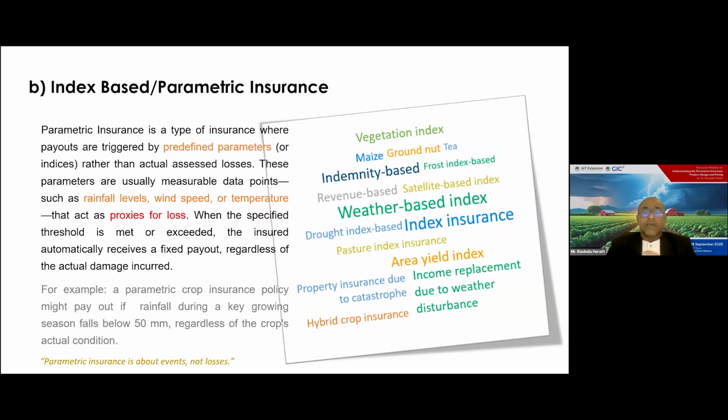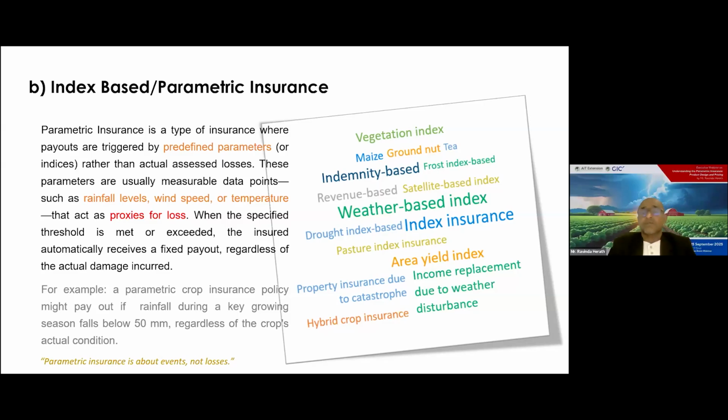For example, a parametric crop insurance policy payout is based on the rainfall during the key growing area falling below 50 millimeters. This is a drought product, because it is already mentioned that 50 millimeters, and the payout is made only below 50 millimeters. So this is the introduction to parametric insurance.